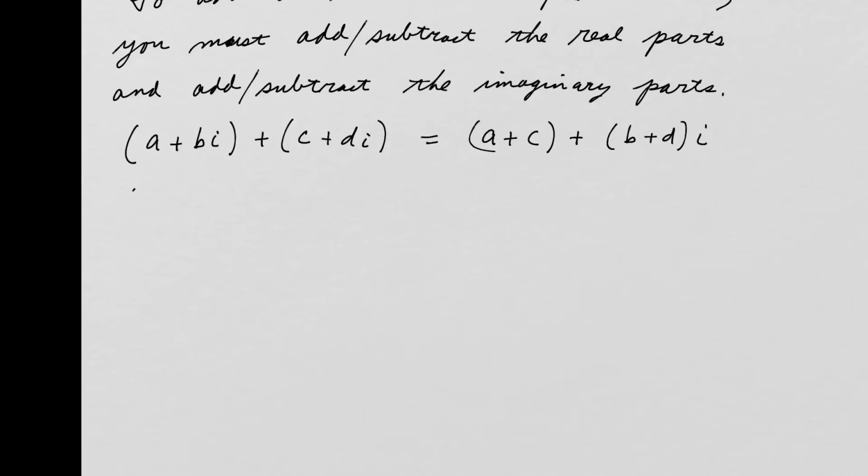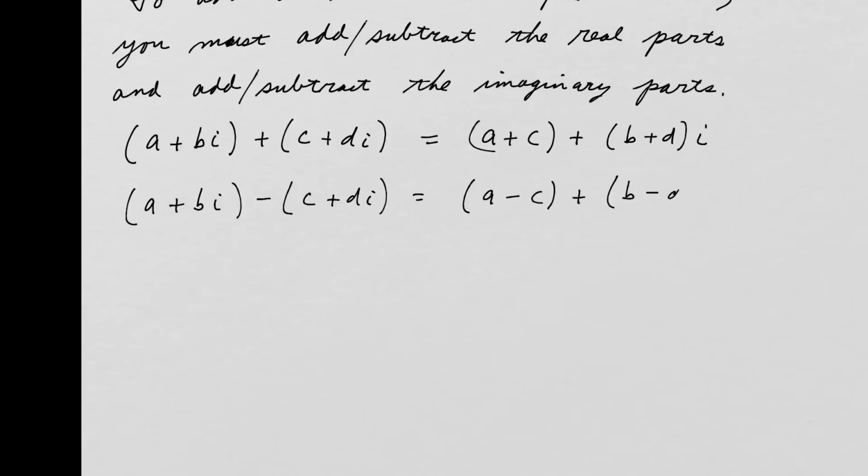If I subtract, so let's say a plus bi minus c plus di, then it would be a minus c plus b minus d i.